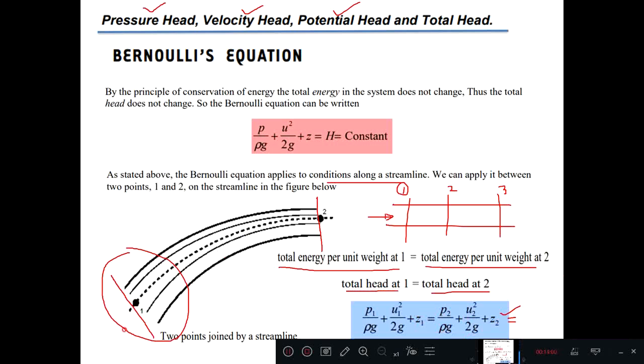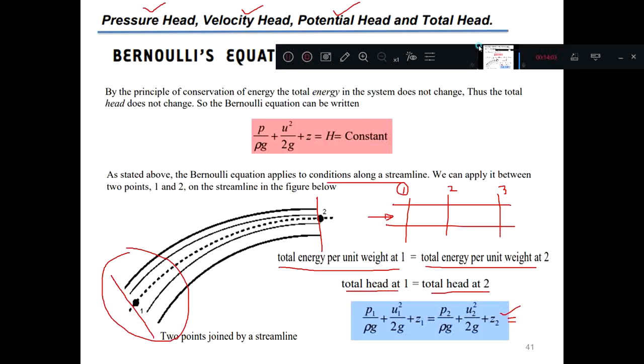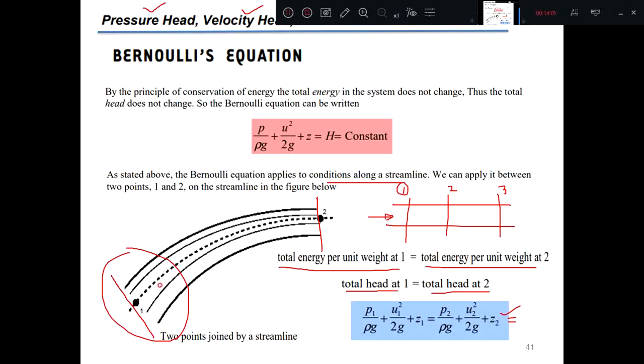So this is how we can write Bernoulli's equation for two different sections, two points joined by a streamline. Next, this is the Bernoulli's equation, but the equation I mentioned is the energy per unit volume.